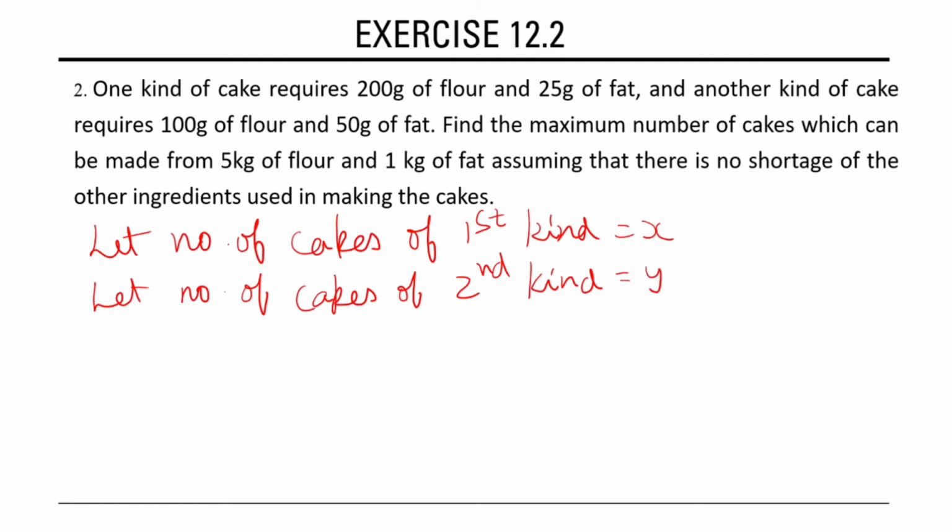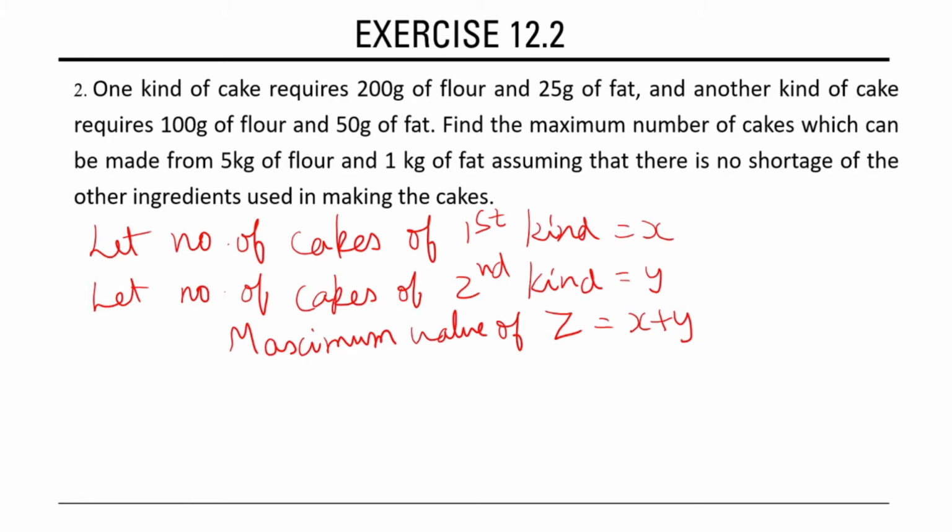Now what do we have to find? We have to find the maximum number of cakes which can be made. So we have to find the maximum value of z is equal to x plus y. So we have to find the maximum number of cakes of two kinds.